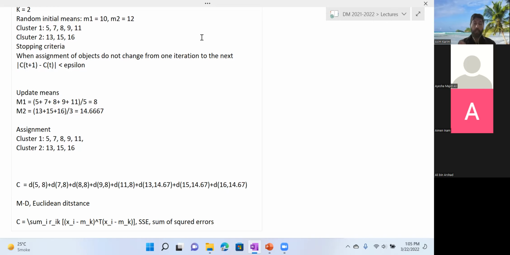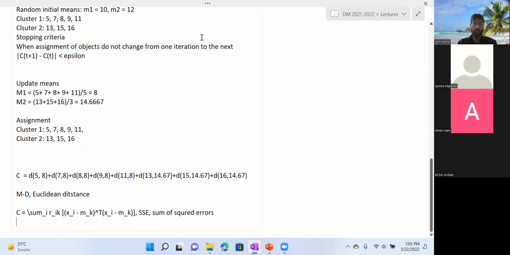So what is the error? The distance of, or the inner product of the difference between the vector and the mean. Okay. उसका स्क्वायर हुआ, 2 दफा आ रहा है ना, तो स्क्वायर किया उसको, sum of squared error.